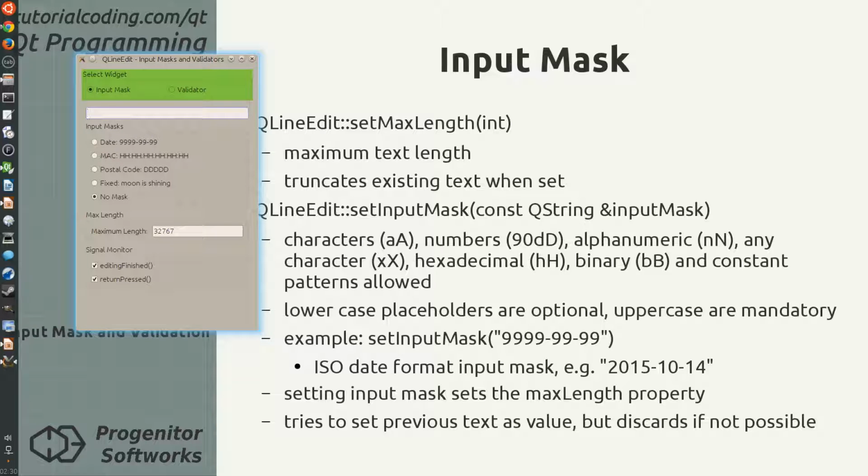When a value is already in the field, for example 2012, 2014, and I switch to an input mask, so previously I had no mask and now I switch to it, it tries to take over the values that were previously part of the field. But if I have a previous value that absolutely doesn't match it, it just throws it away.